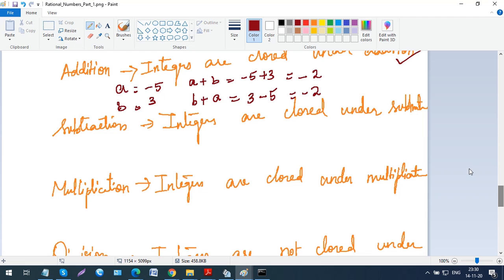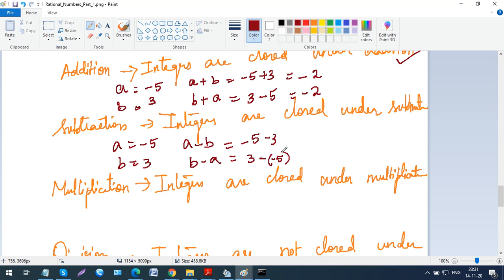So let us take A to be minus 5 and B to be 3 as usual. So if I take A minus B or B minus A, I should see if I get an integer again. A minus B is actually minus 5 minus 3, and B minus A will be 3 minus A, which is minus of minus 5.